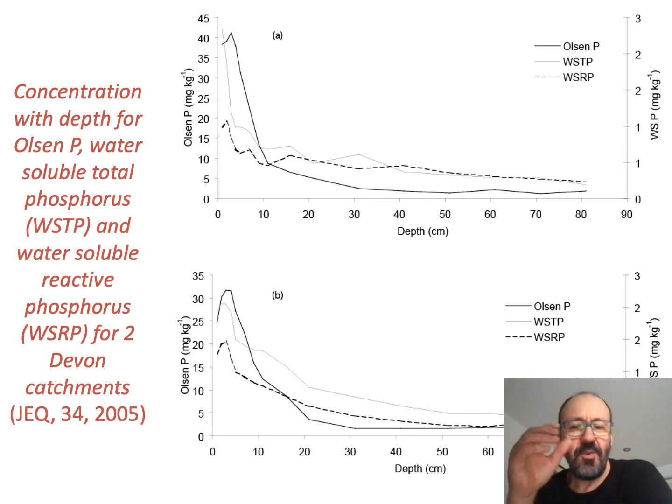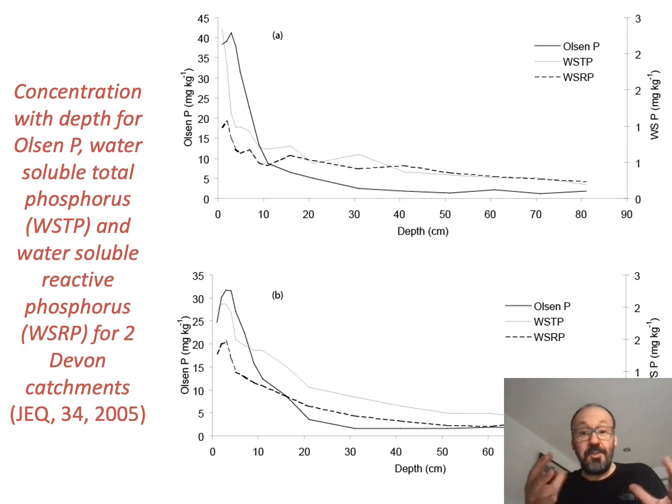So all this phosphorus comes in, builds up in the soil surface, and then sort of stays there, and it's vulnerable to perhaps wash off and run off, but also very readily available and useful to the plants.